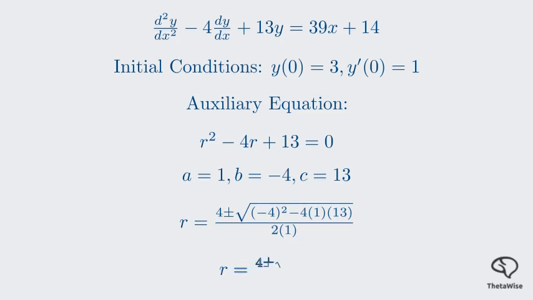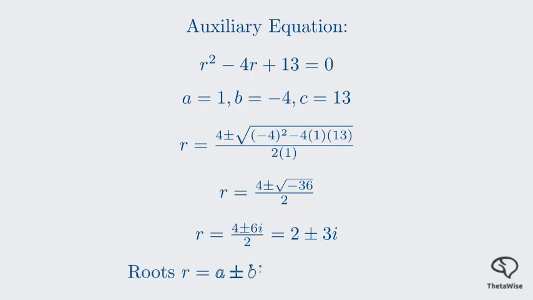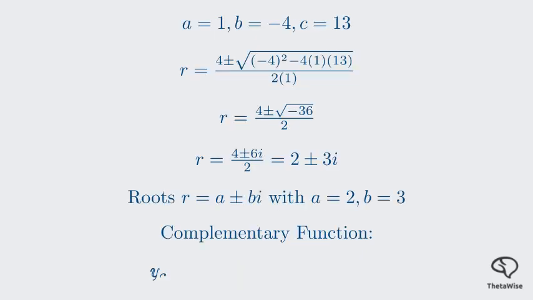The square root of negative 36 is 6i. So we have 4 plus or minus 6i divided by 2. This simplifies to the complex roots 2 plus or minus 3i. For these complex roots, where a equals 2 and b equals 3, the complementary function is e to the 2x times the quantity A cos 3x plus B sin 3x.